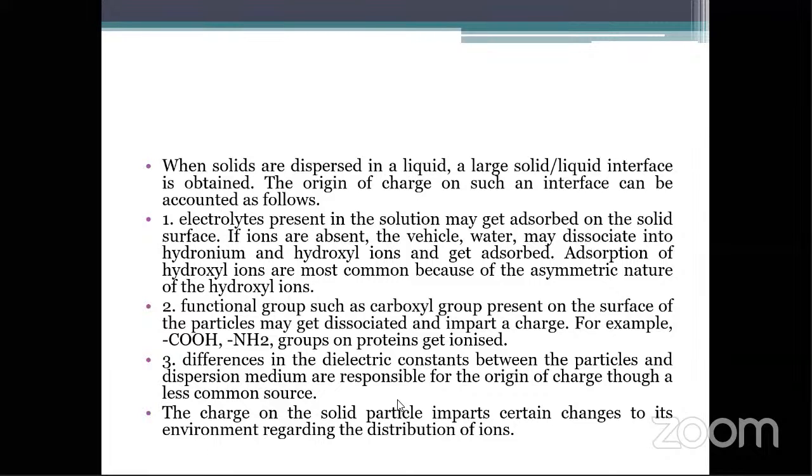Now, the charge already produced on the solid surface imparts certain changes to its environment regarding the distribution of ions. That means in the solution, how all the cations and anions will distribute throughout the electrolyte solution can be described by the electrical double layer.